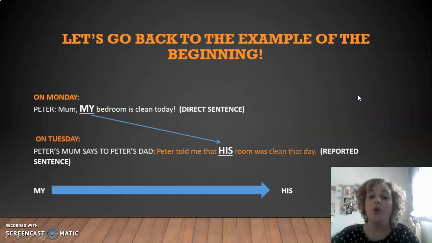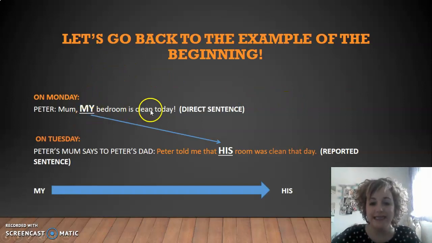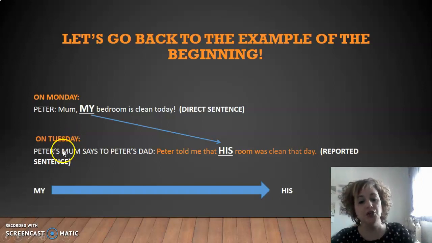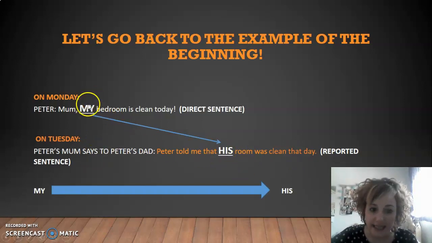Okay. We are going to go back again to the example of the beginning because it's clearer to see this way. For example, again, Mom, my bedroom is clean today, the direct one. So on Tuesday, Peter's mom says to Peter's dad, Peter told me that his bedroom was clean that day, because it's not her bedroom, it's his, okay?